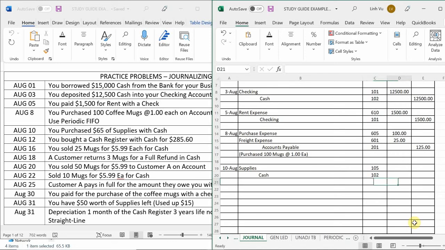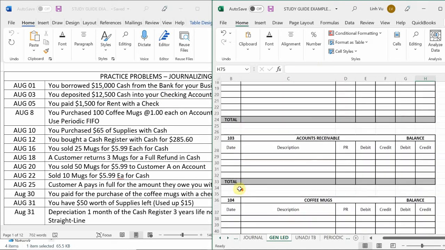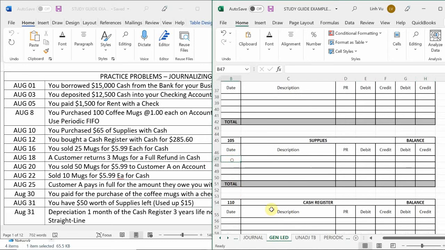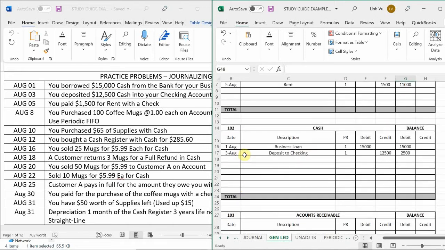And we spent $65. So general ledger. We bought some supplies, and we used cash to pay for it.